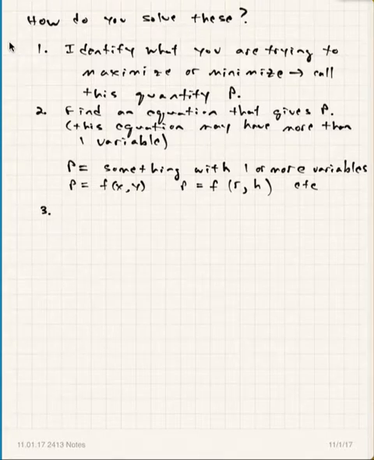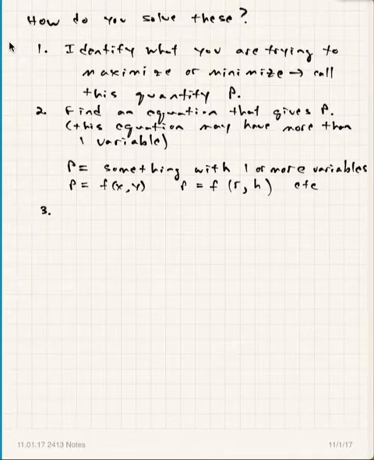Okay. Step 3. The problem is when you've got a function of more than one variable, we know how to use calculus for functions of one variable. And so if you've got functions of several variables, then you're going to have a problem as far as the calculus that we know right now. Now, a Calculus 3 student who has dealt with functions of several variables may have an easier time with that kind of problem.